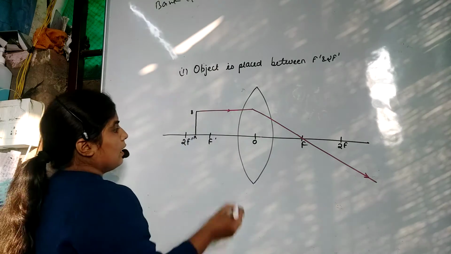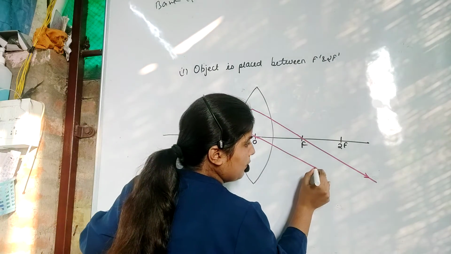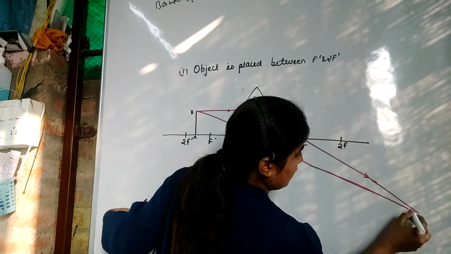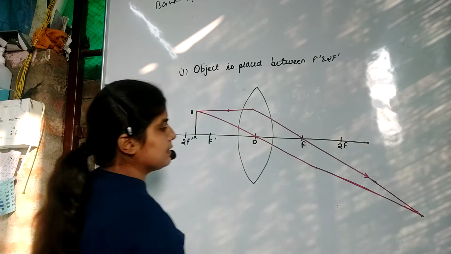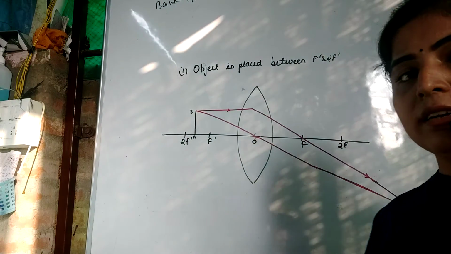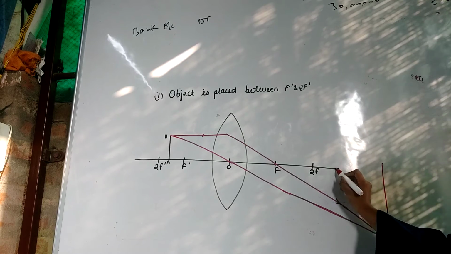And a ray of light which is passing through optical center will be undeviated. So here we are seeing that these two refracted rays meet each other beyond 2F. So the image which will be formed will be beyond 2F.